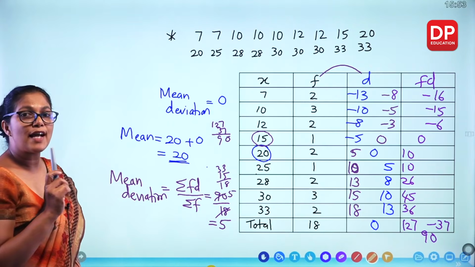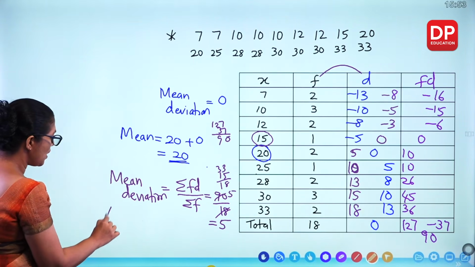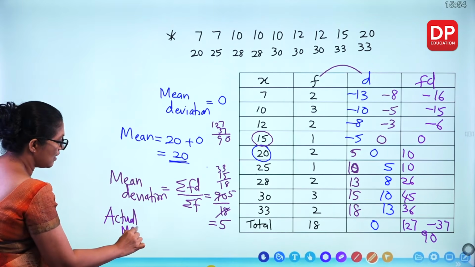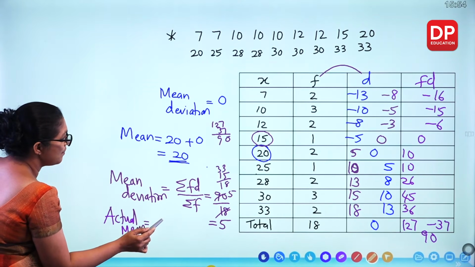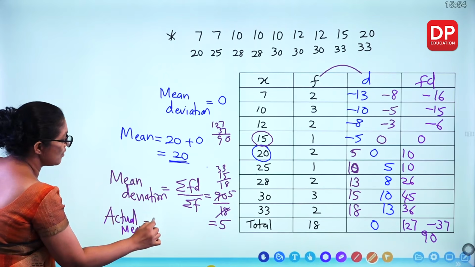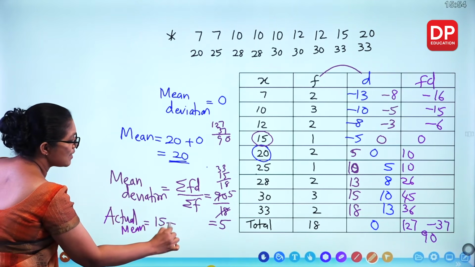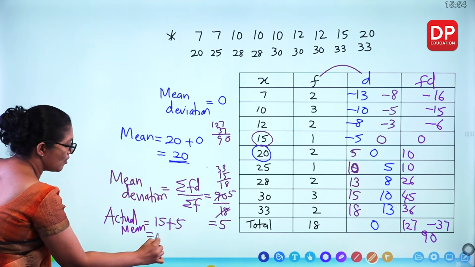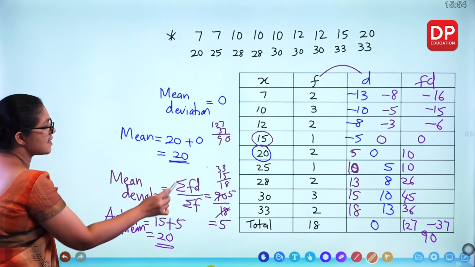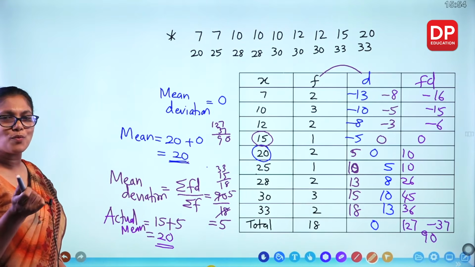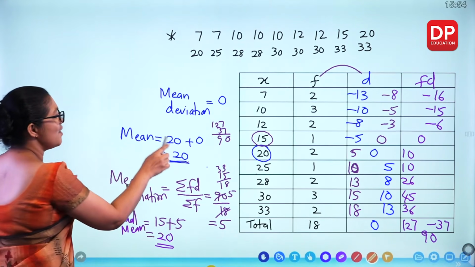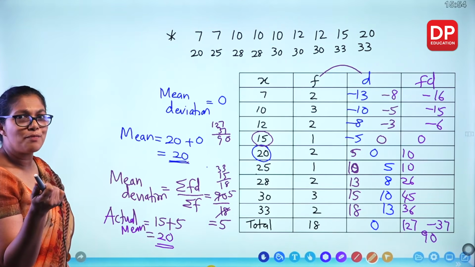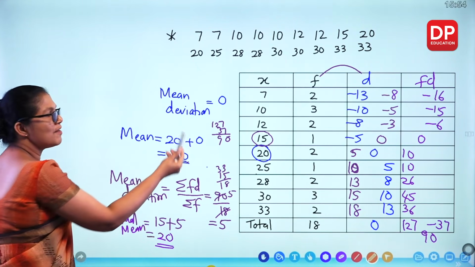So how do you get the actual mean? Actual mean is the assumed mean we took, 15, plus the mean deviation. You are getting the same answer, 20. But which way is easier? If you take 20 as the assumed mean, there are only a few calculations.